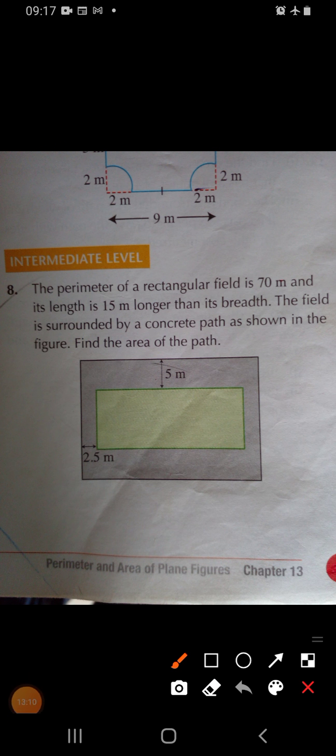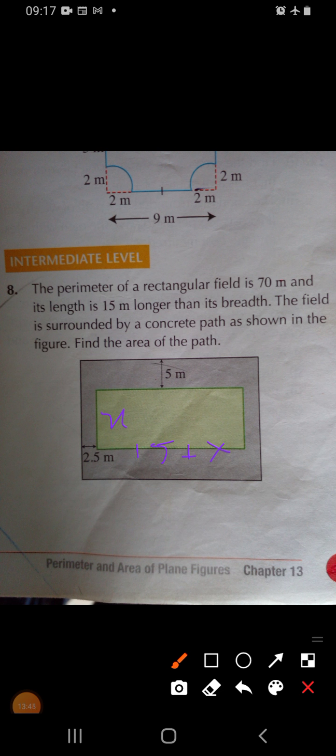That means if the breadth is x, then the length is 15 plus x, because the length is 15 meter longer than the breadth. First of all, we have to find out the value of x.